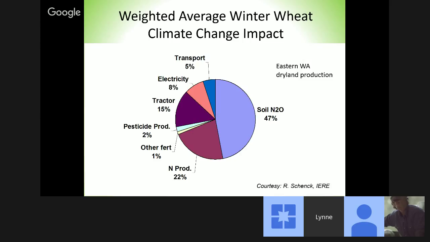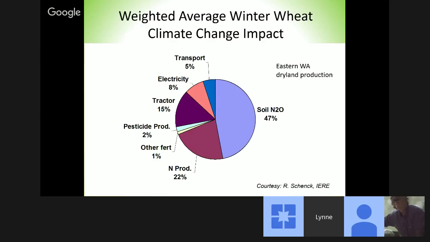So this was a study of an Eastern Washington dryland winter wheat rotation, and this was estimating that about half of the total climate change impact was from soil-released N2O, but another 22% was the energy use in producing that nitrogen.